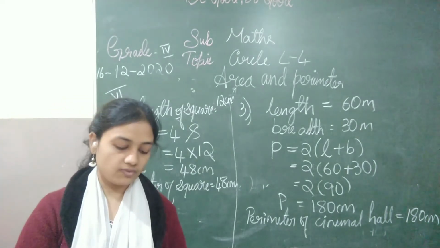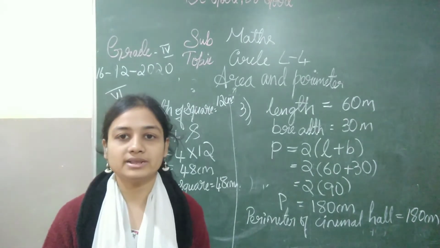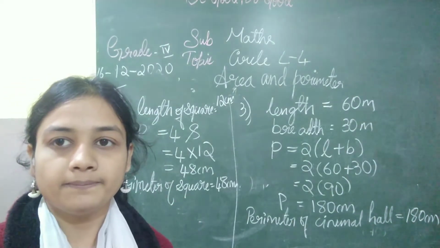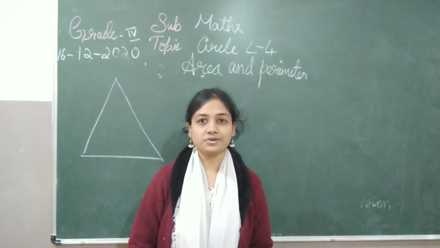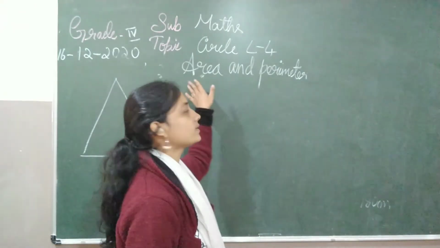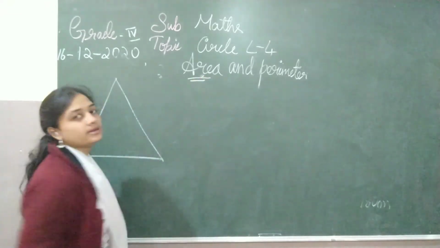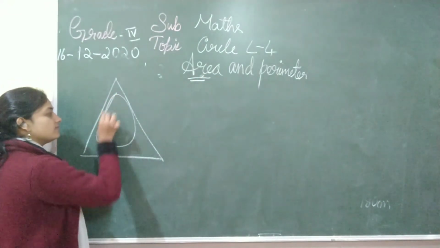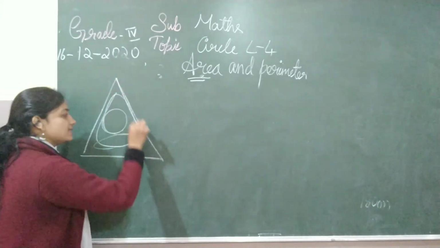Now we will be going for area. So now we will understand what is area and we will do the exercise. Okay children? So we finished learning what is perimeter. Now let's go to what is area. Area is nothing but the place which is covered by the shape.